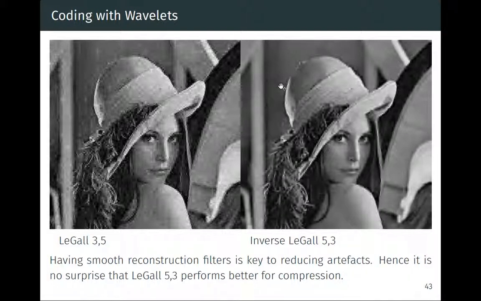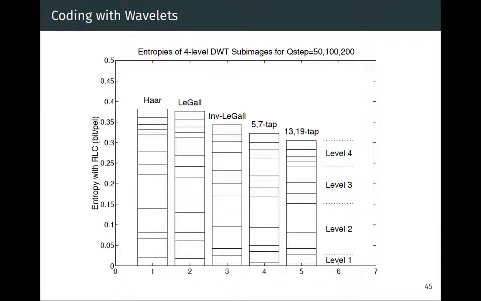Not only does it look better, but in terms of image statistics, we can see that indeed these DWTs, discrete wavelet transforms, give you better transforms than just the DCT or even the Haar. So that's it for wavelets.